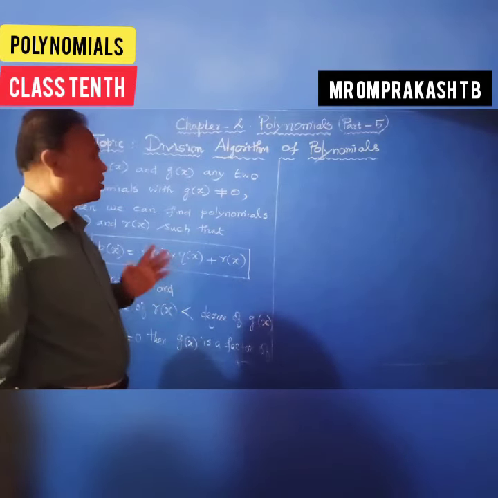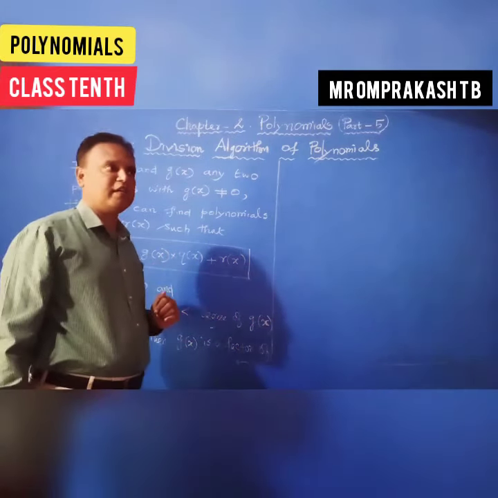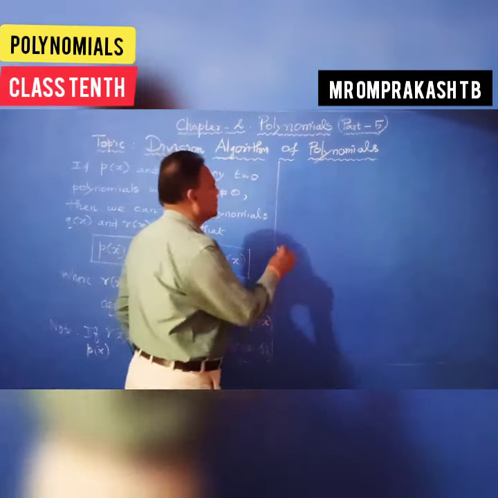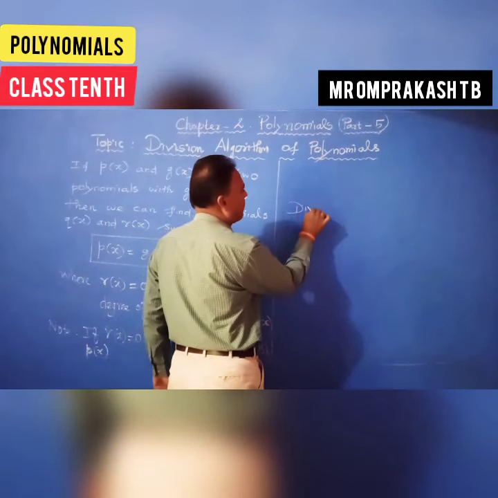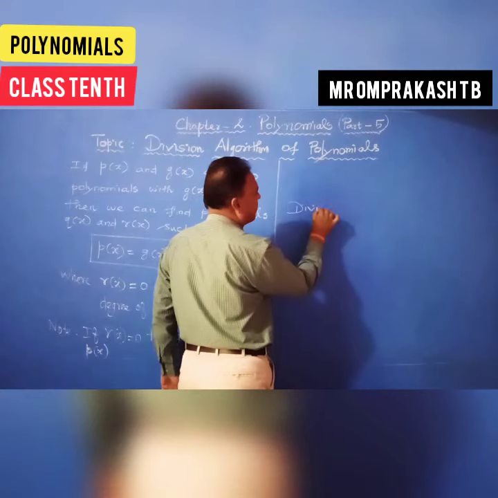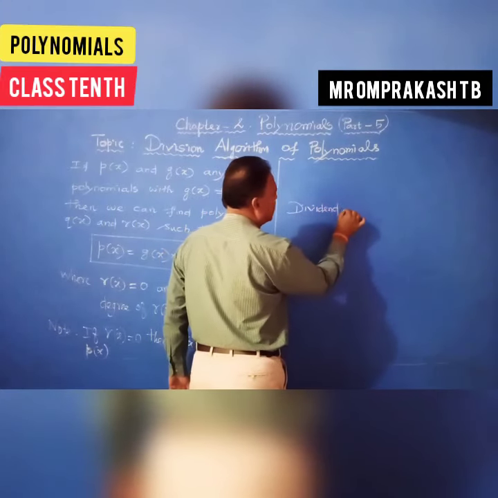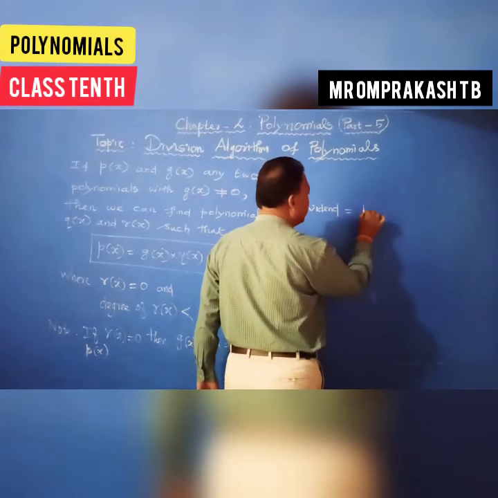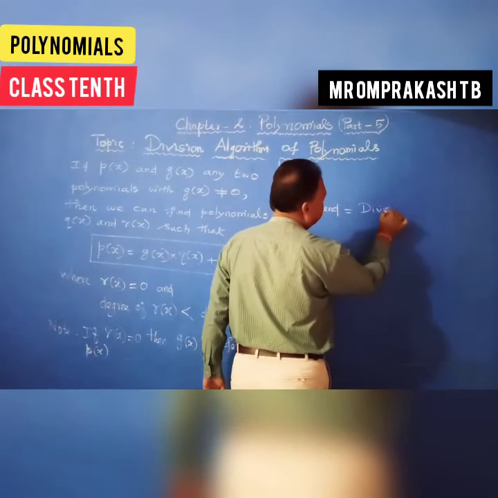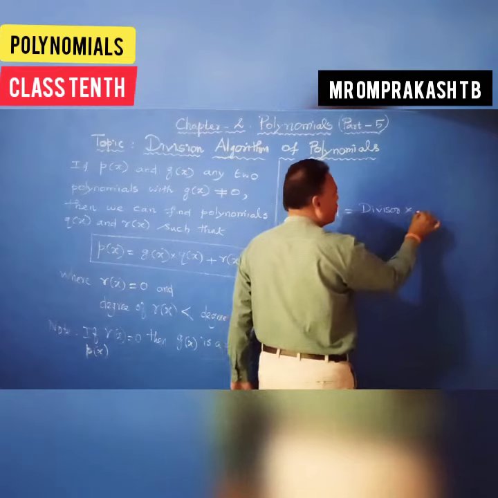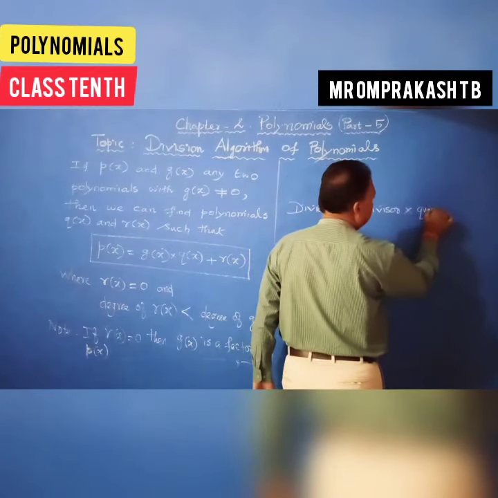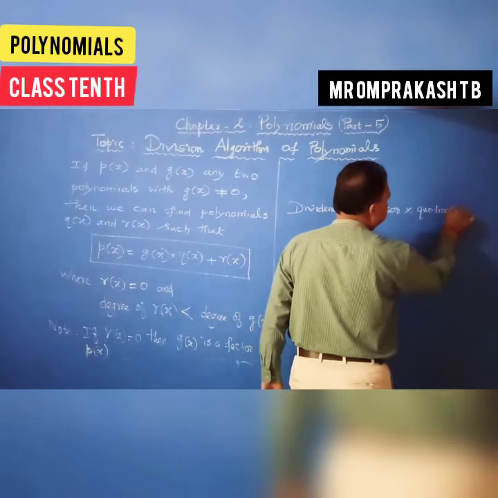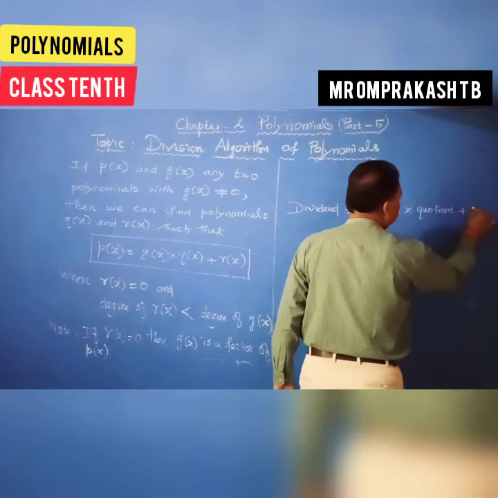What is division algorithm? Dividend is equal to divisor into quotient plus remainder.